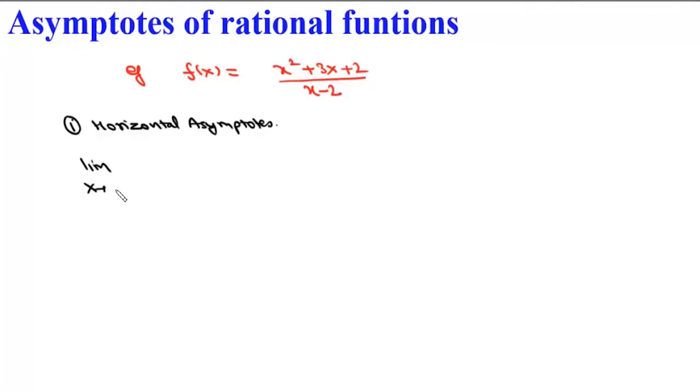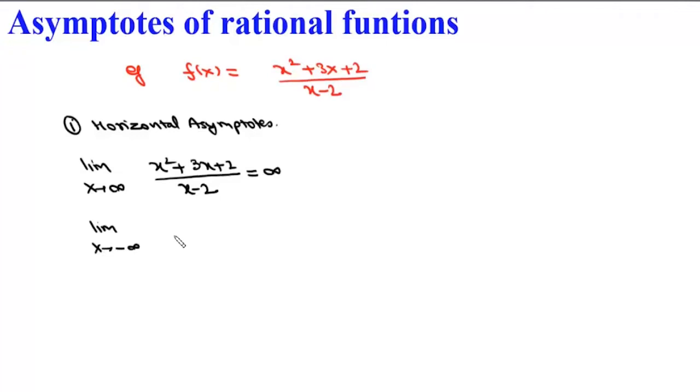Limit x tends to infinity, (x square plus 3x plus 2) upon (x minus 2). Now in this case, the power of the numerator is greater than the power of the denominator. So when x approaches infinity, it approaches plus infinity. And since this value is not a finite value, we do not have a horizontal asymptote for x tends to infinity.